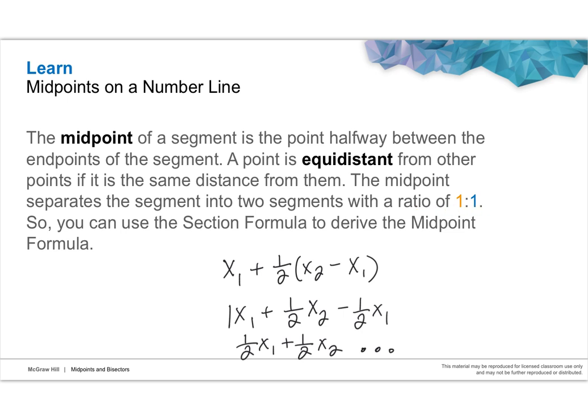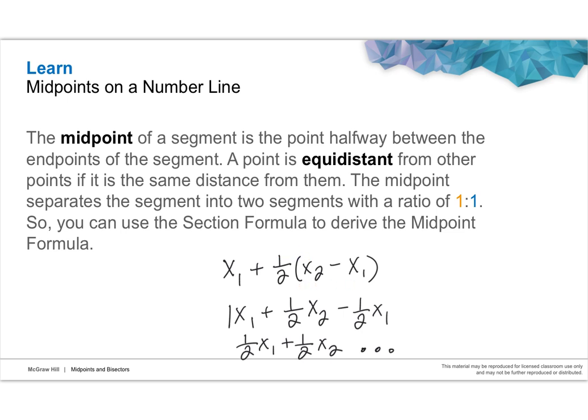So we're going to use the section formula to derive the midpoint formula. If you recall from lesson 1-5, we talked about if we know one first endpoint on the number line, and when we think about finding halfway down that segment, there's our A over B, and then here is the difference of the endpoints.